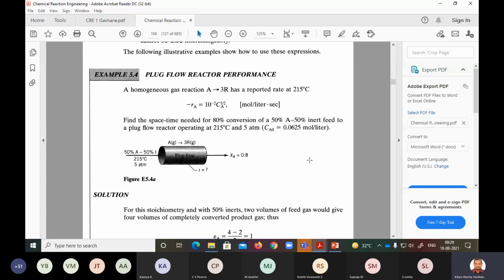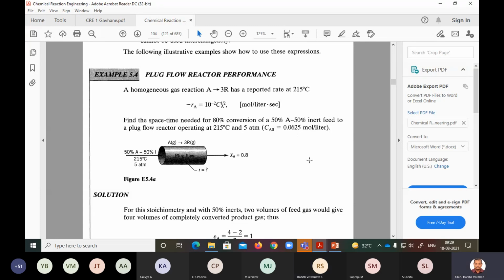But V by FA naught is tau by CA naught. The expression units will be the same, but that does not mean that V is equal to tau. Yes. Okay, sir. You understood what I told? Is your problem clear? Yes, sir.